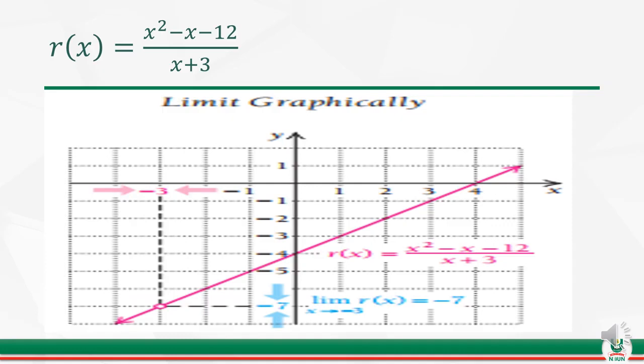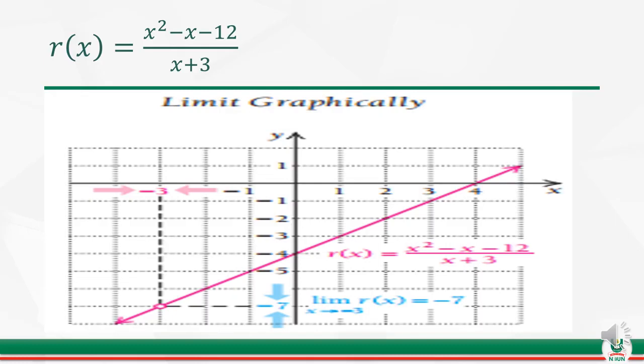The graphical aspect of it, if you see it like this, look at the arrow, it's getting closer to minus 7. Here y is positive, y here is negative, s here is positive, s here is negative. If you see the arrow, as it's getting to this, it's giving us 7. As it's getting to this by the left arrow, as getting to minus 3, it gives us 7.